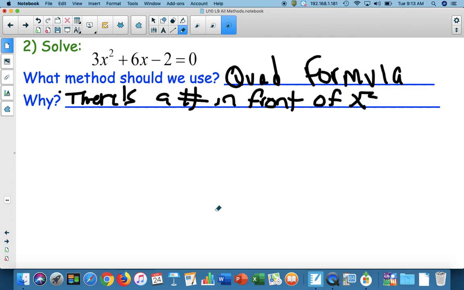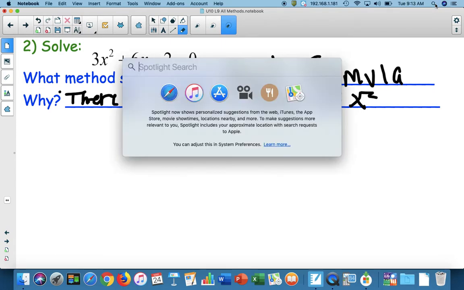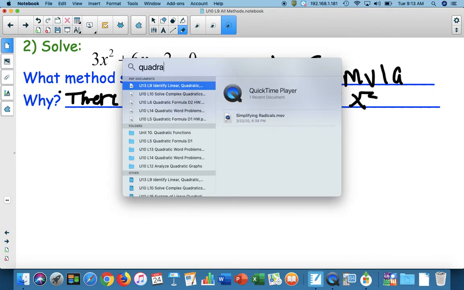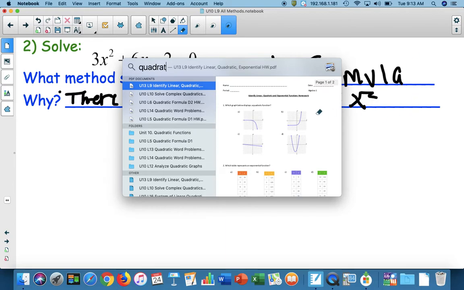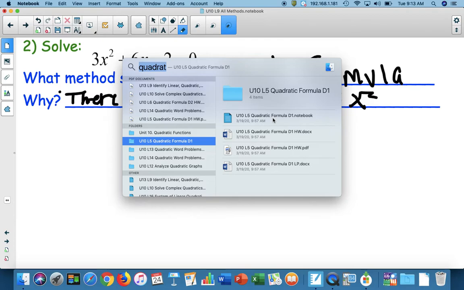All right, and then for those of you who forgot the quadratic formula, you know what? Instead of me writing it and it looking terrible, let me just copy and paste it for you guys so you just have it. All right, give me 1 second. Quadratic formula.